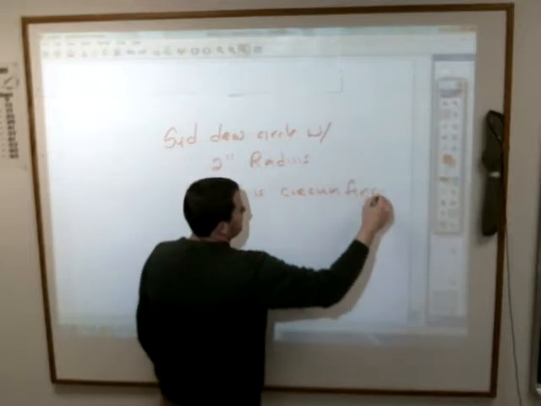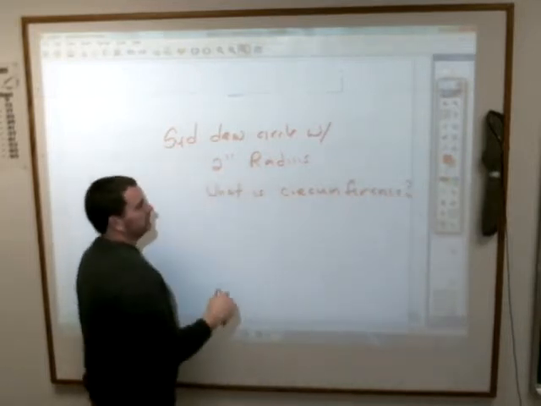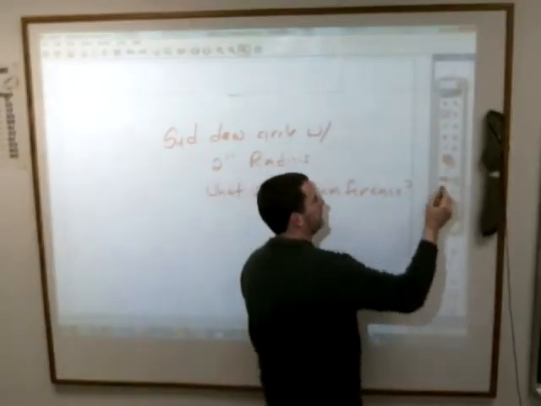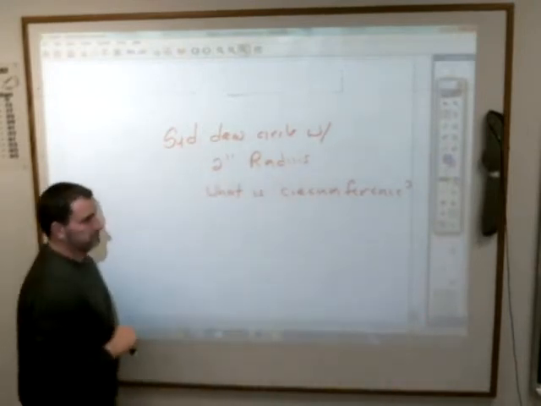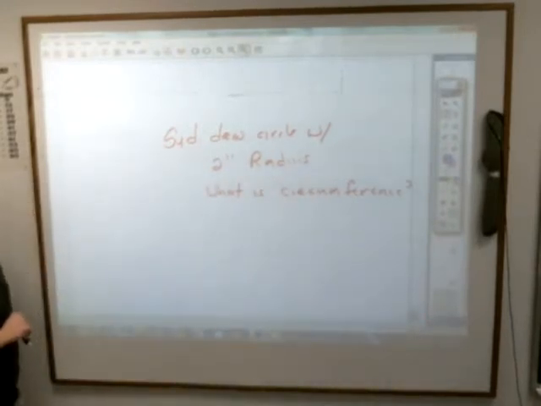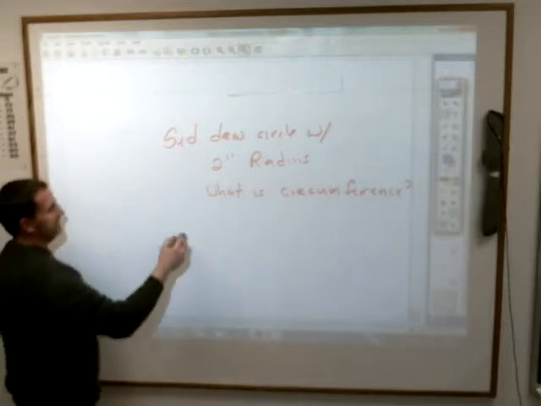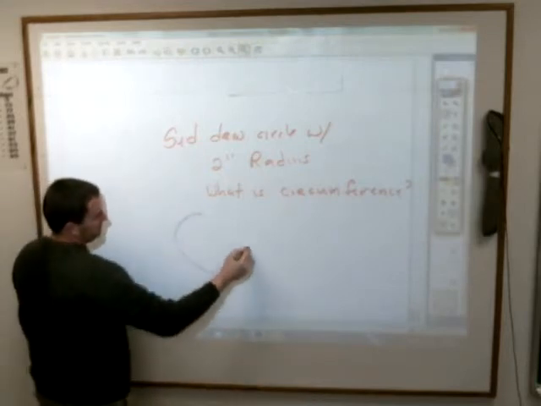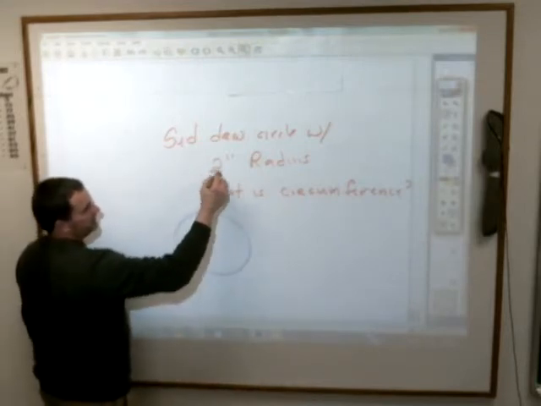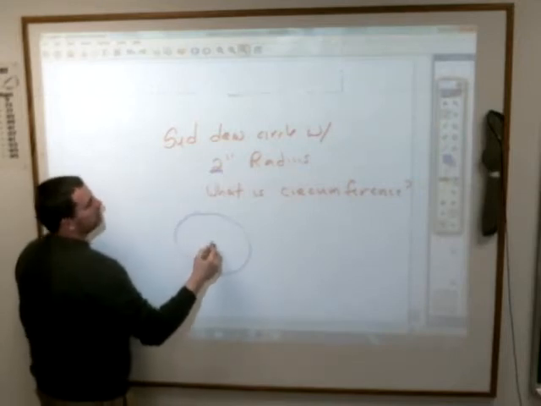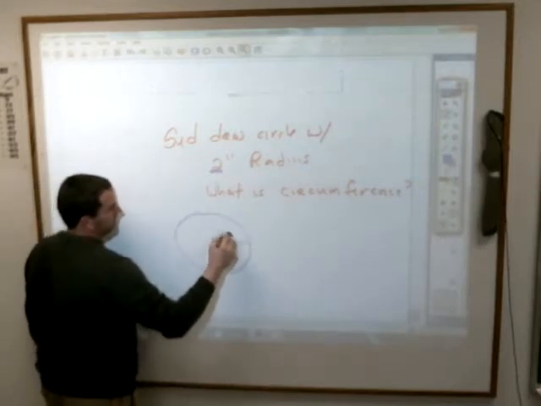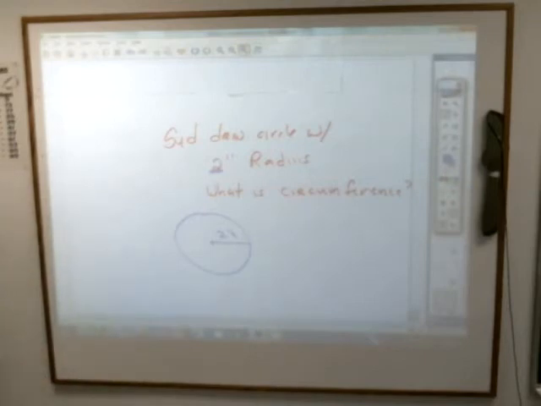If you see this problem, ladies and gentlemen, what do you think the first thing, Christine, you're going to do is? Think of another model. Or draw a circle. Draw a circle and label it. What am I going to label this? What do I know? It has a 2-inch radius. Perfect. So that's the first thing you draw on your paper.